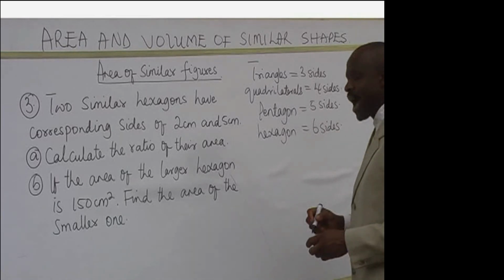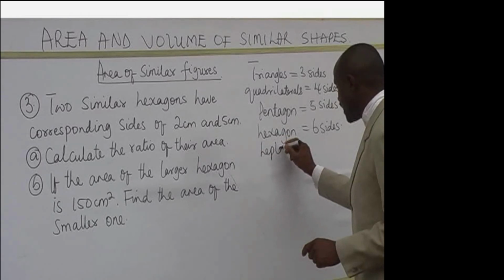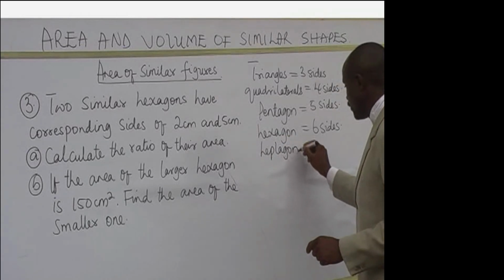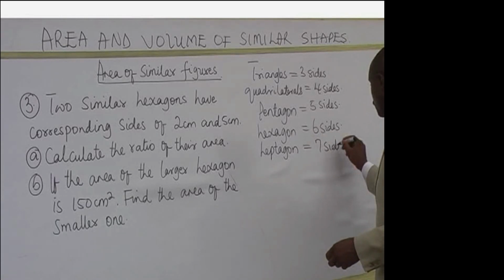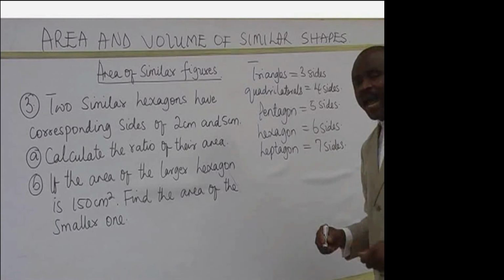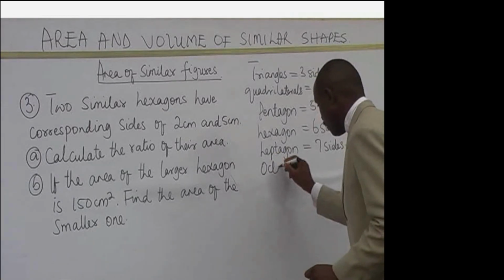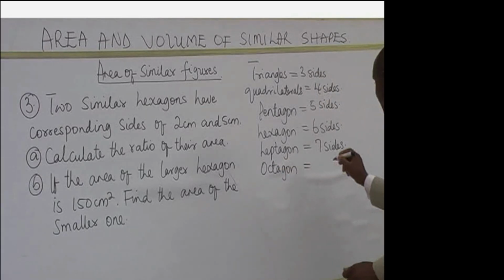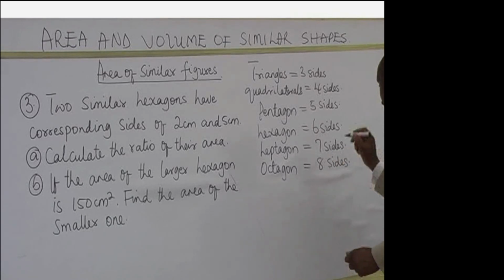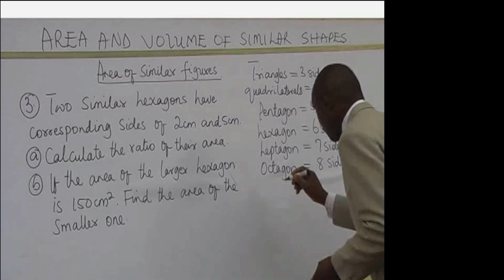After hexagon, you have heptagon. Heptagon has 7 sides. After heptagon, you have octagon. Octagon has 8 sides. After octagon, you have nonagon.